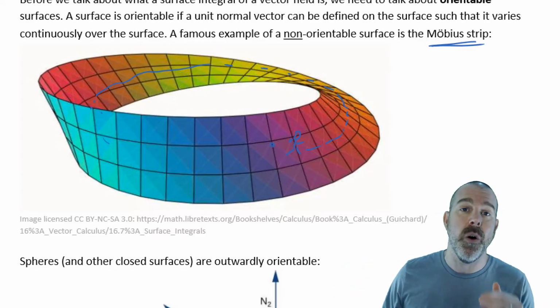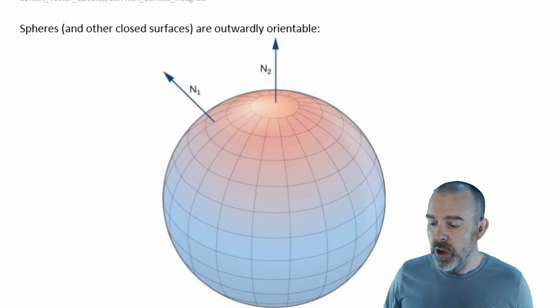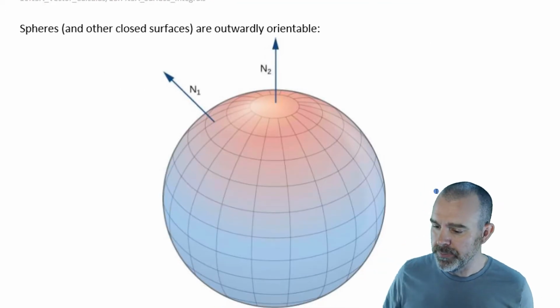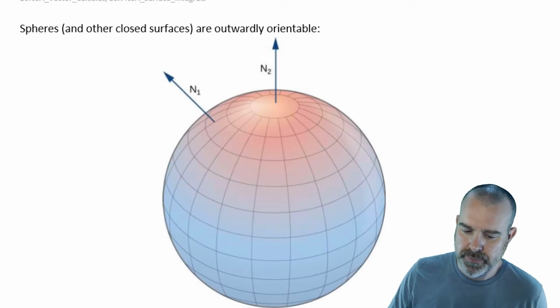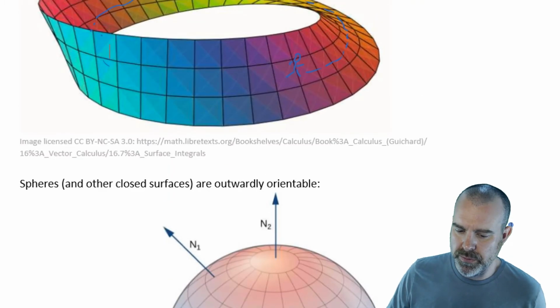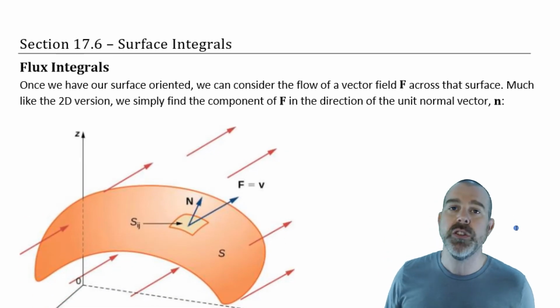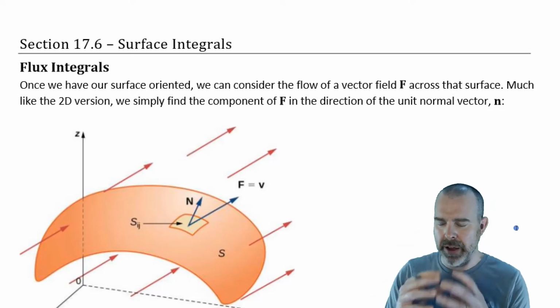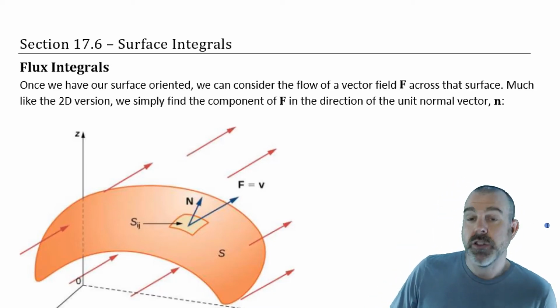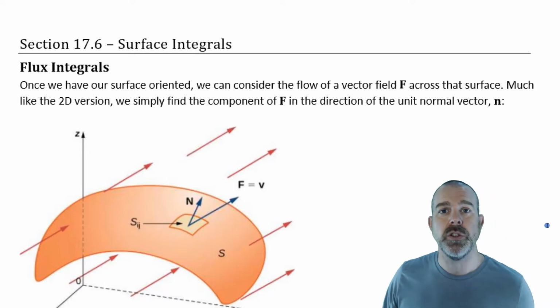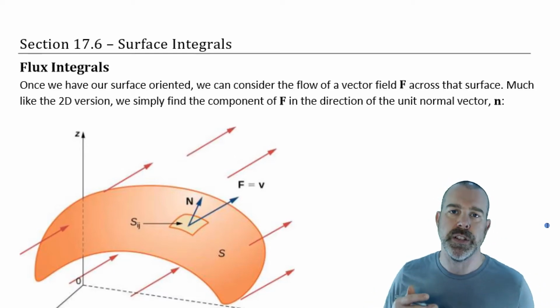So that's not orientable. Closed surfaces like spheres are outward orientable. Usually we're going to talk about spheres or some kind of closed surface that wraps around itself.